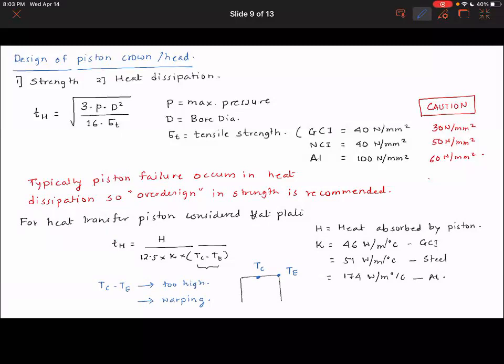And I just want to give you a rule of thumb. Typically when you are designing the pistons, you want to keep that temperature difference in the range of about 50 to 60 degrees.